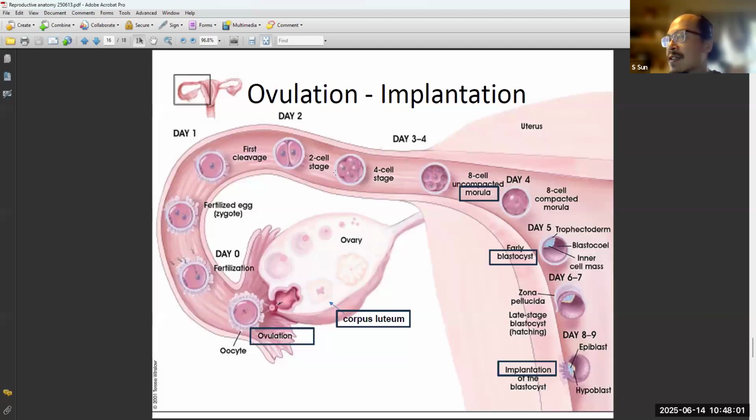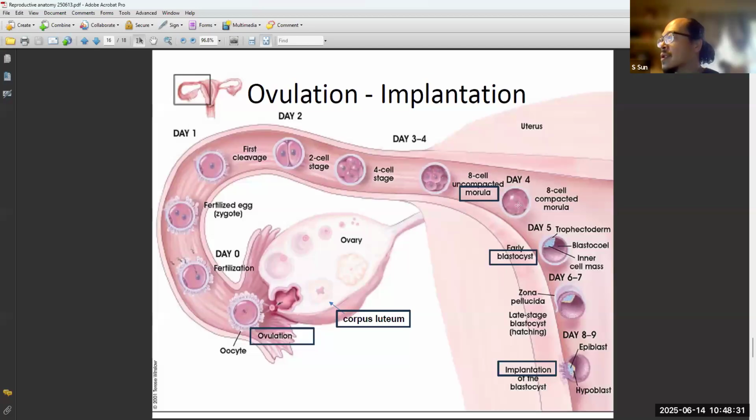When the cells divide while rolling toward implantation in the uterus, this is called the morula, about 8 cells compacted inside this structure. The entire thing is not growing, but the cell number is increasing.